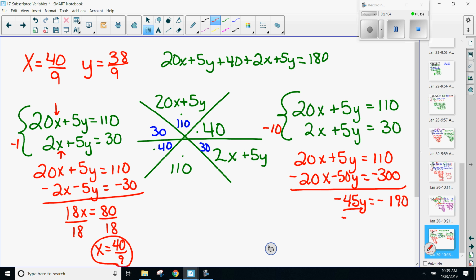And if you divide by -45, y is equal to, divide by 5, 5 goes into 190 38 times, 5 goes into 45 9 times, and you end up with 38/9.